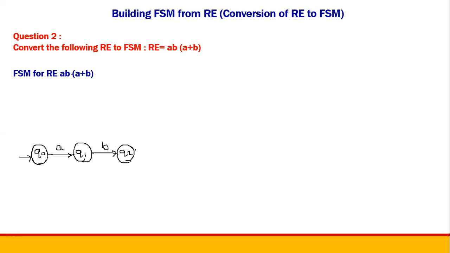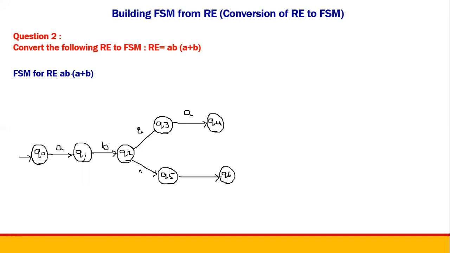Here itself I can make it Q2, let's say Q3, Q4. This is epsilon, this is A. I'm just combining the previous two FSMs. So Q5 and then Q6.